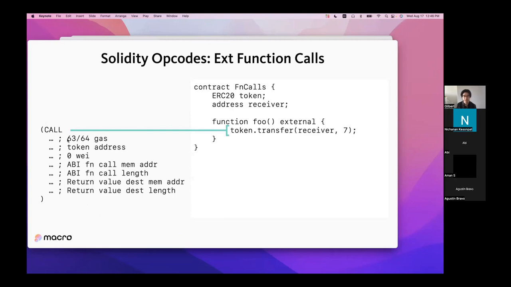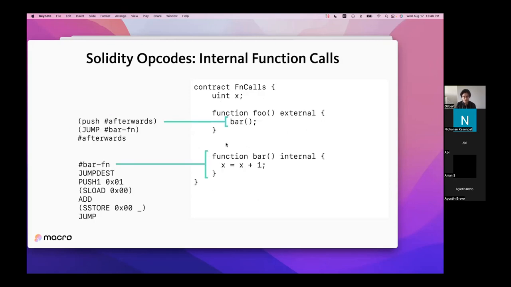But effectively, when you make any sort of external function call, you're using the call opcode. And when that happens, that contract gets called, which means it gets its own stack, its own memory, and its own storage. Internal function calls are a little different. They are jumping to your own bytecode rather than another contract's bytecode. We don't have to go over that though.